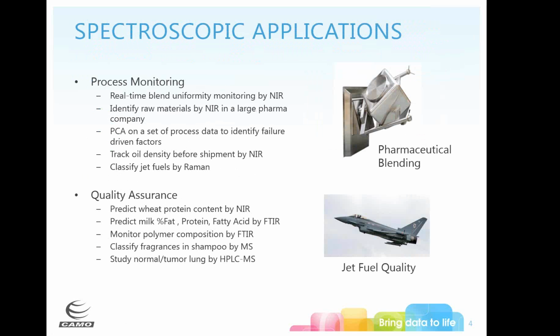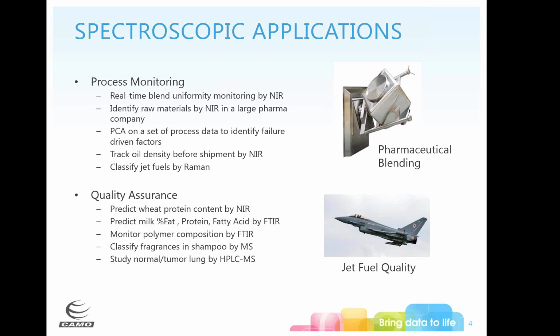So some typical applications for spectroscopy run the whole gamut from process monitoring and pharmaceutical blending. You can identify raw materials, identify failure rates, look at oil density. You can also do types of quality assurance, so you can predict various concentrations of things in your product. You can monitor polymer composition.